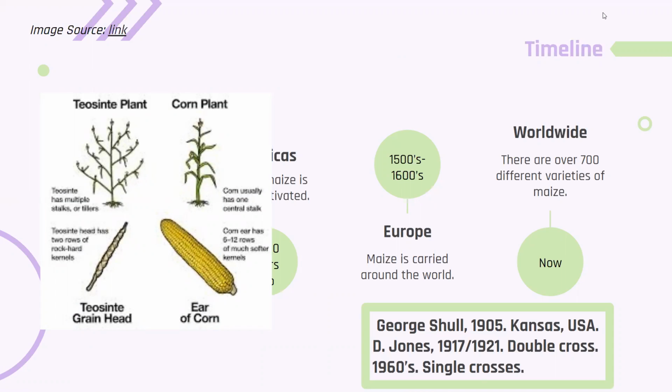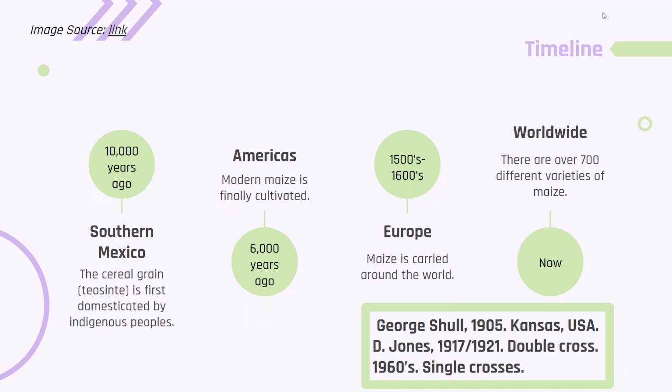It has come a long way, and you can see the changes in shape, size, and everything about it is different. Next up, you'll see in 6,000 years ago in the Americas, modern maize was first cultivated. Then in the 1500s to 1600s, the crop was finally carried overseas through trade routes, mainly in Europe. Now there are over 700 different known varieties of the crop worldwide.